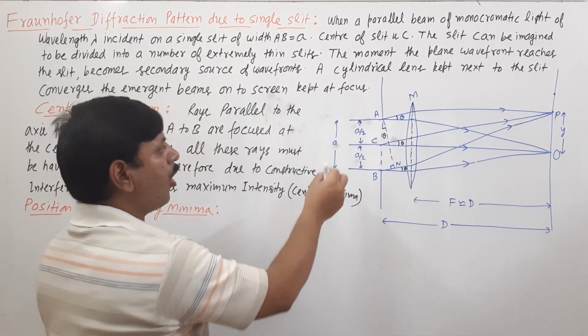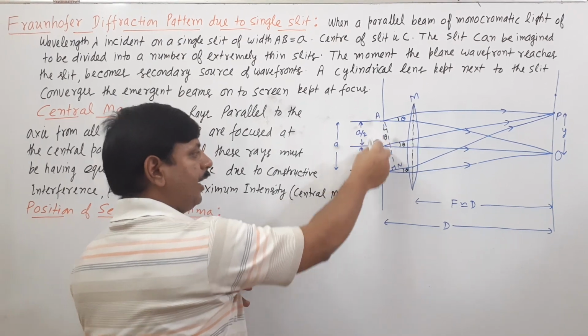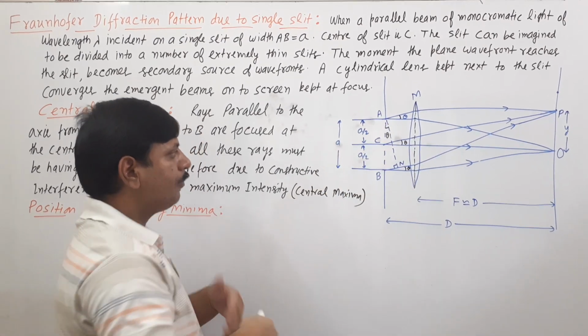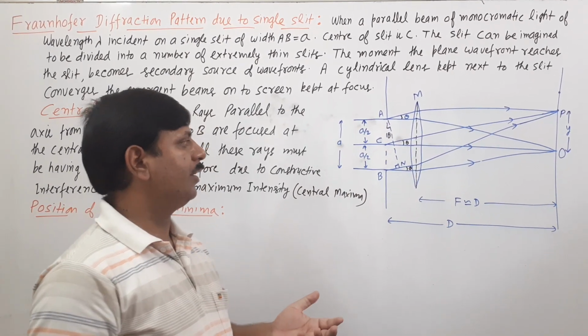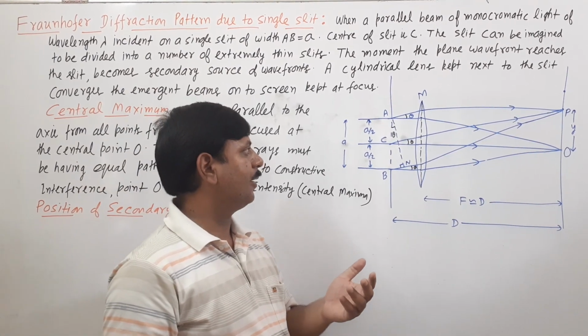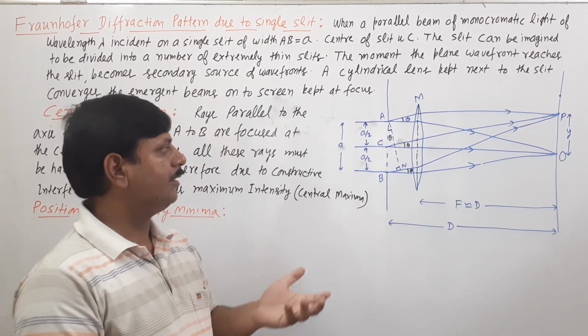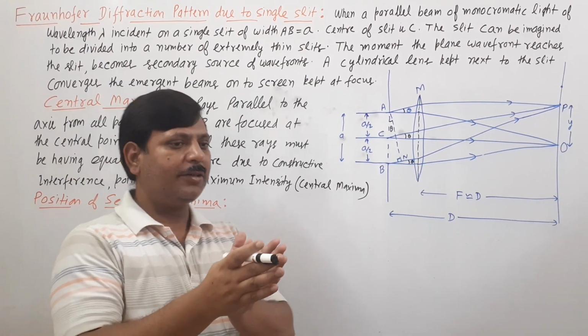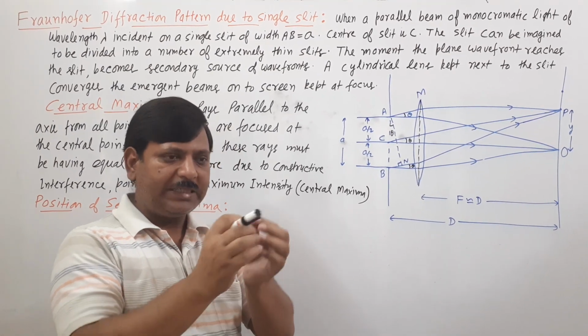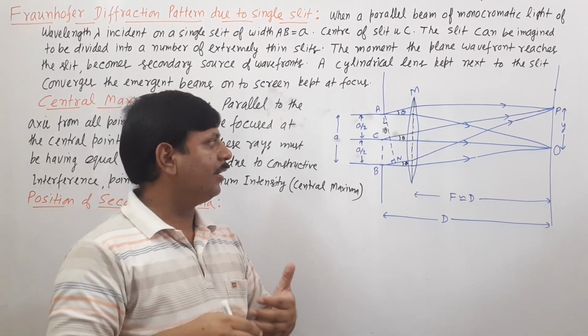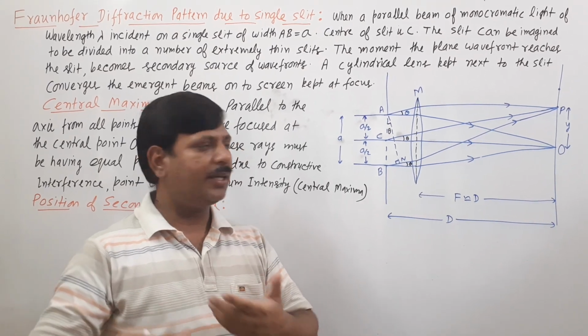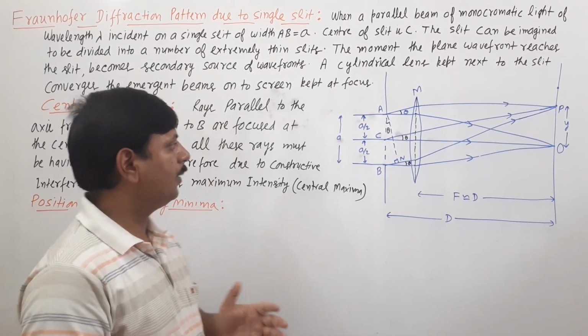So all points of the slit, A to B, behave like new sources. I have told you about the Huygens principle: in a plane wavefront, each and every point behaves like a new secondary source and emits wavelets in all possible directions.